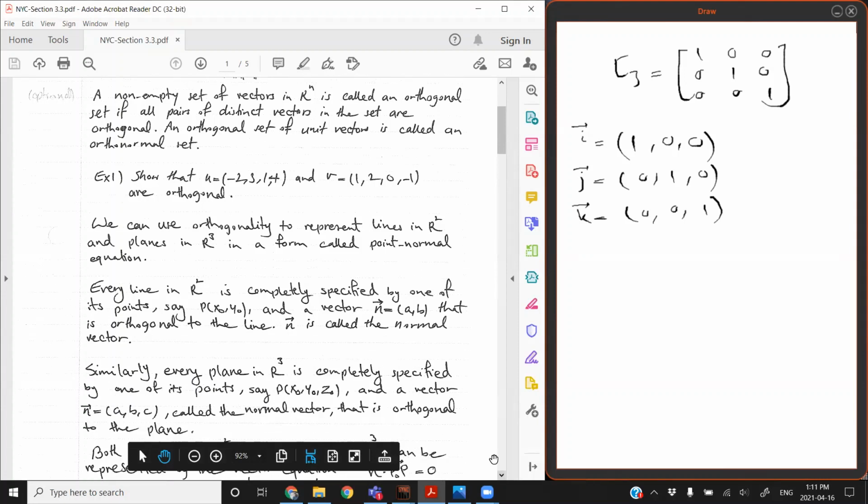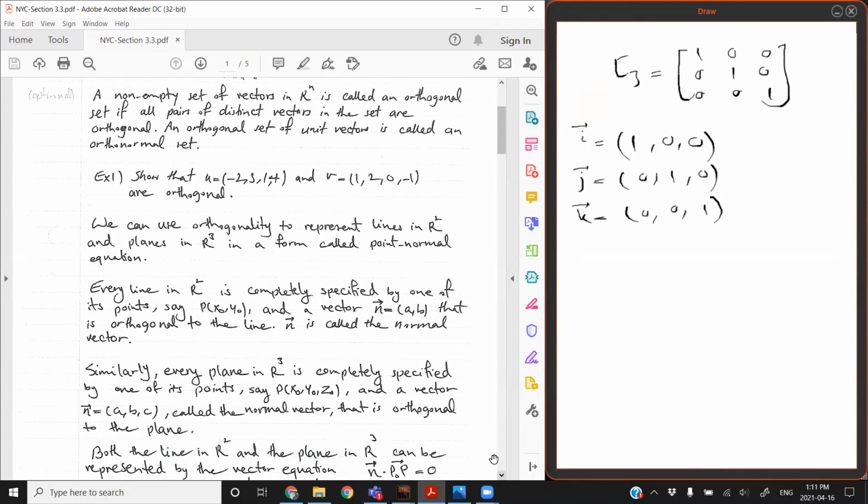Example 1, show that these two vectors are orthogonal. If I want to show that these two vectors are orthogonal, the only thing I need to do is to multiply them using dot product. If that dot product is 0, then yes, they are orthogonal. If that dot product is not 0, then they're not orthogonal.